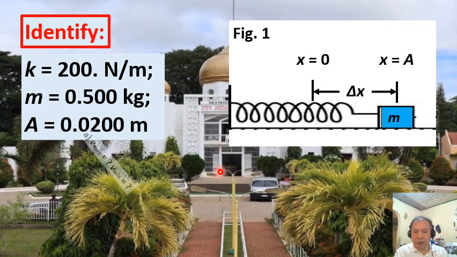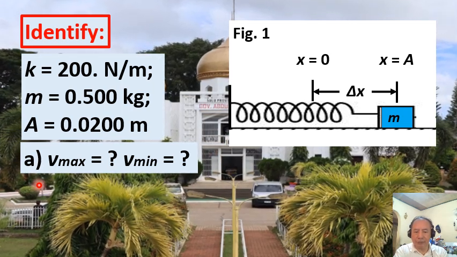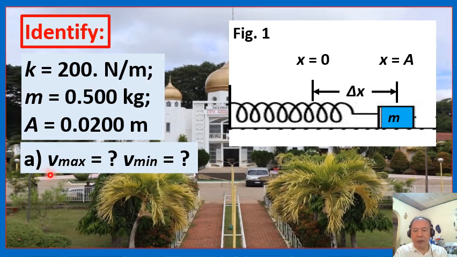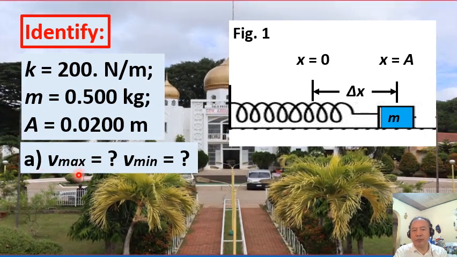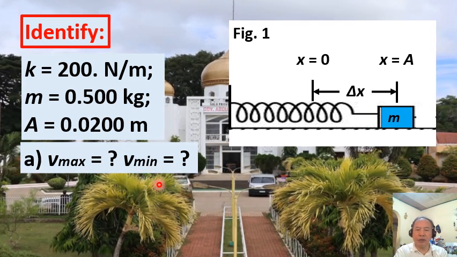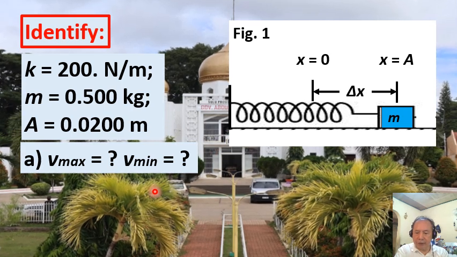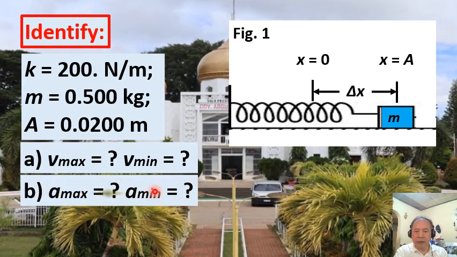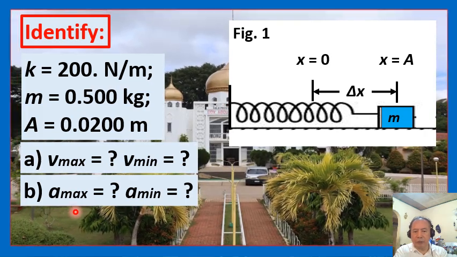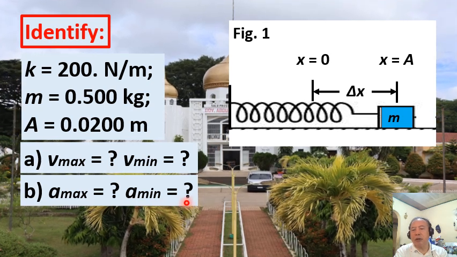And our target variables are in part A. We are required to determine the maximum instantaneous velocity as well as the minimum instantaneous velocity. Then, in part B, our target variables are the maximum acceleration as well as the minimum acceleration of the block.